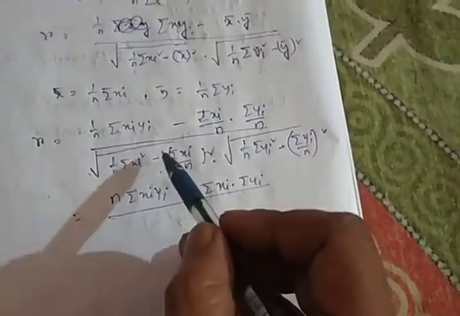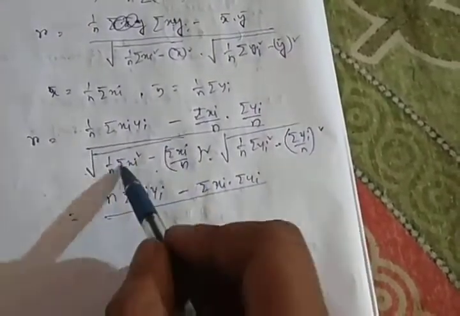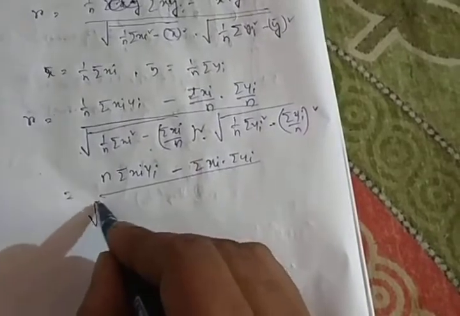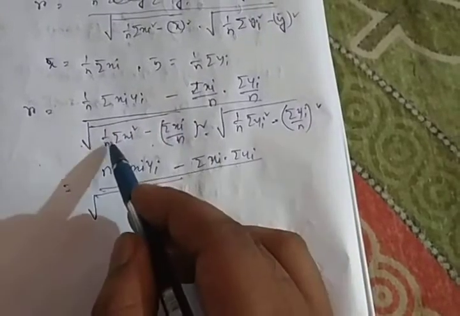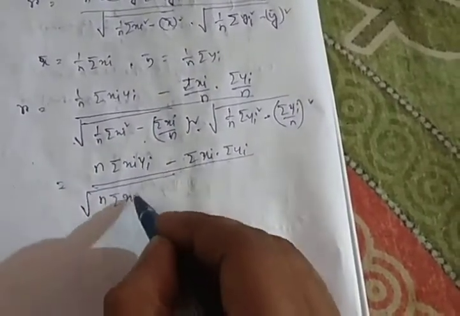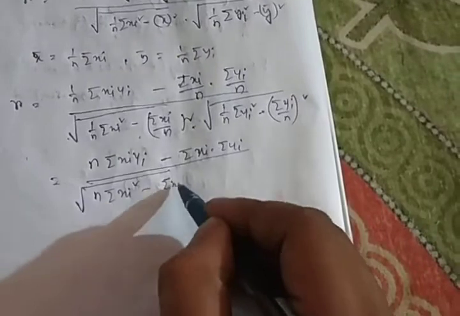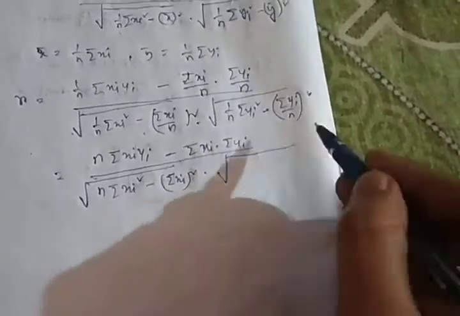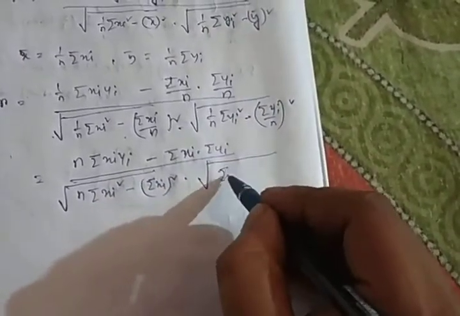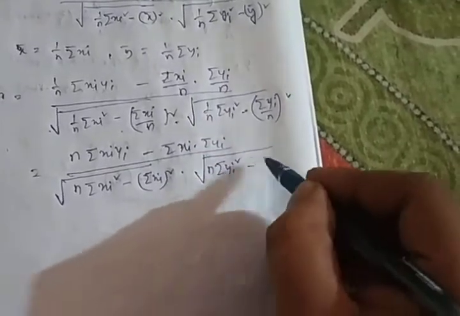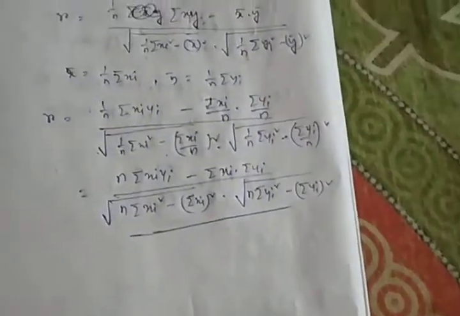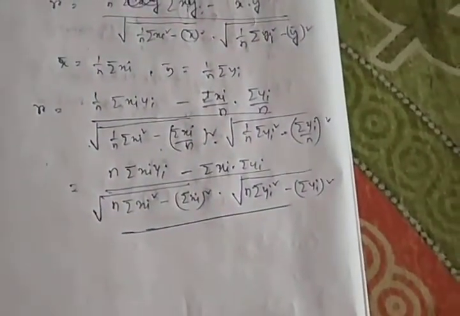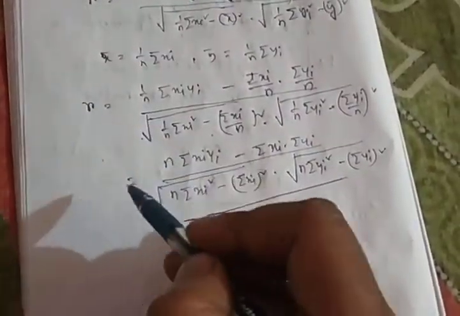As n is under root, n will become n square. So this will be n summation xi square minus (summation xi) whole square, and n summation yi square minus (summation yi) whole square. This is the formula when x bar and y bar are not whole numbers.